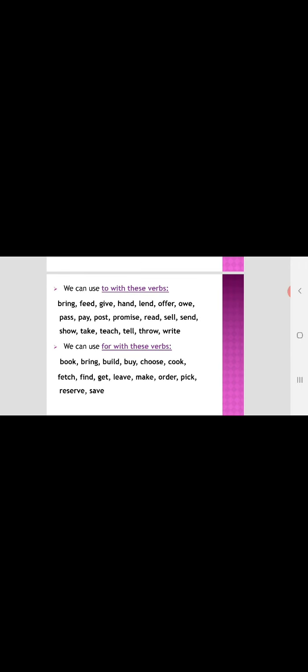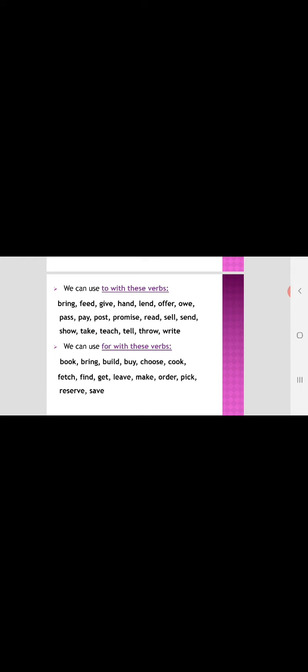To we can use with these verbs: bring, feed, give, hand, lend, offer, owe, pass, pay, post, promise, read, sell, send, show, take, teach, tell, throw, write.